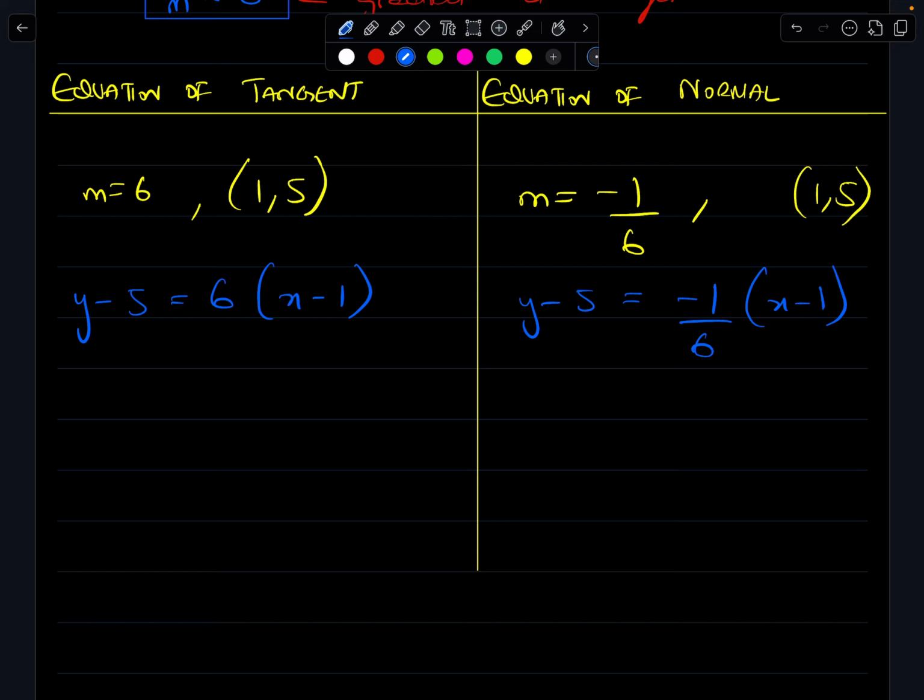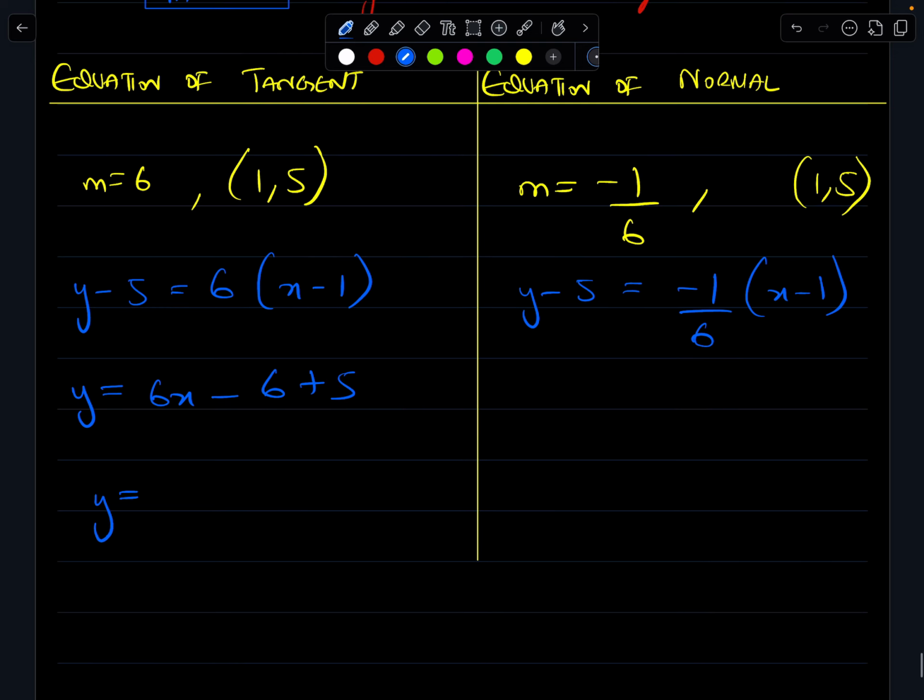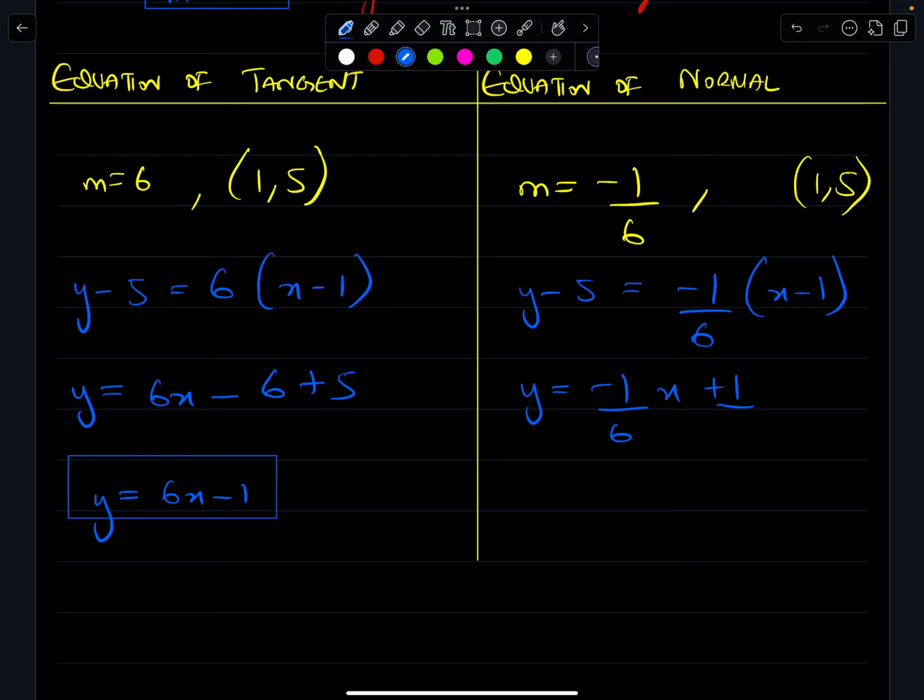So, solving the left hand side first, I have 6x minus 6 plus 5, and the equation turns out to be 6x minus 1. In this case, I have minus 1 over 6 x minus, or rather plus 1 over 6 plus 5.